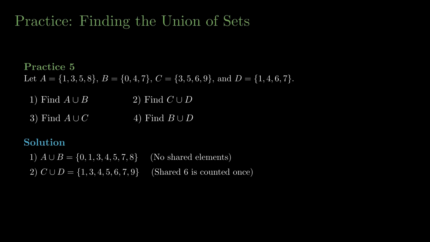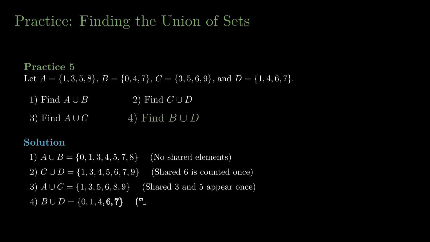For number 2, we list the combined elements from smallest to largest, making sure the shared 6 appears once. For number 3, sets A and C share 3 and 5, so we list them once in order. Finally, for number 4, combining B and D and arranging them from smallest to largest gives 0, 1, 4, 6, and 7.